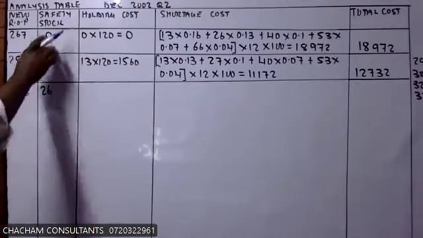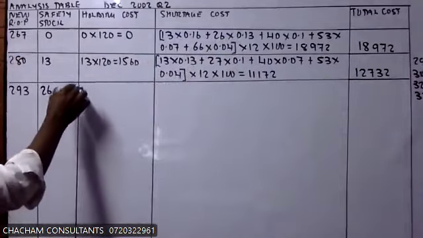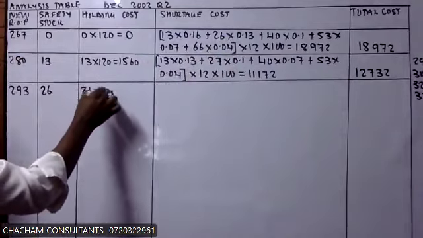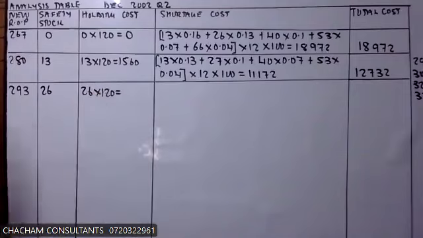And I told you this column is where it starts to arrange itself. So it is 26 times 120.